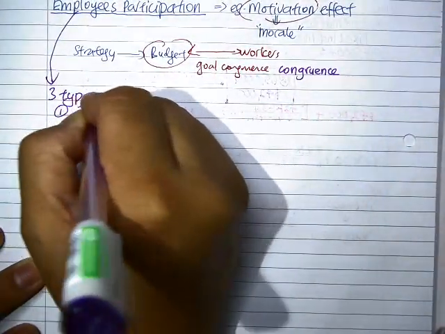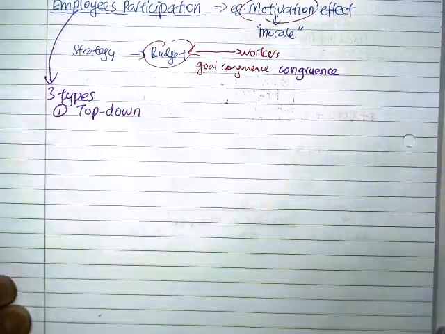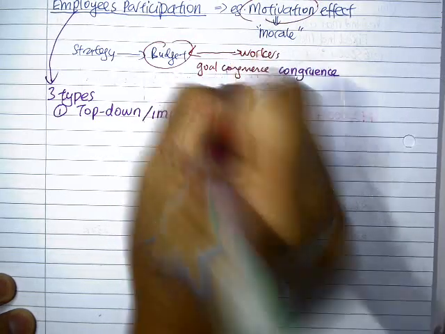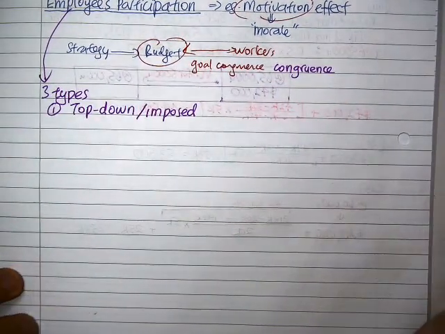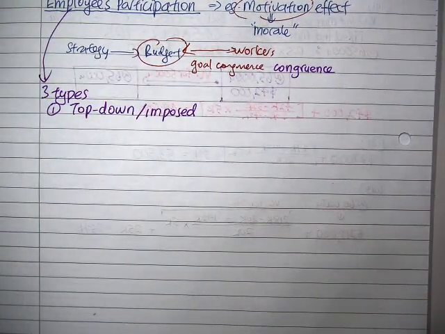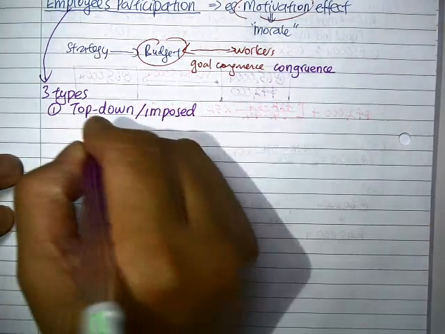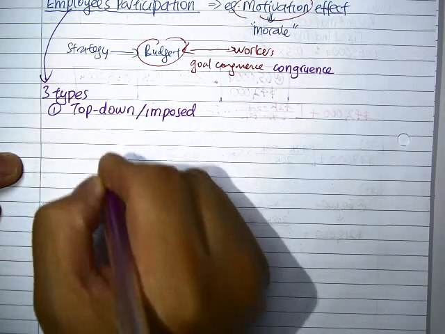One is called top-down, or they call it impulse down. From the name you should be able to guess what it means. It means from the top it goes down.